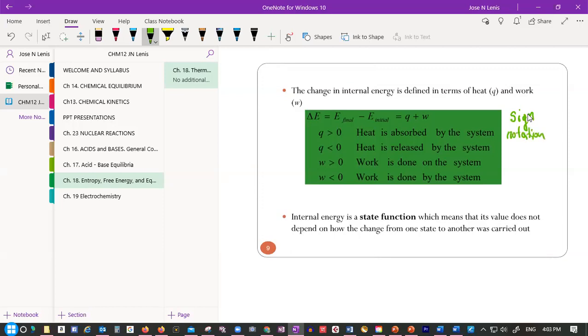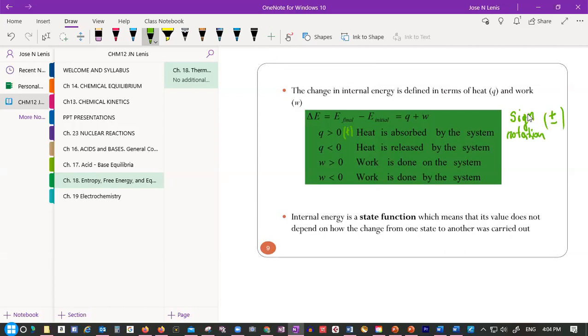In other words, we use signs plus or minus to describe the direction of the process. If Q, heat, is bigger than 0, that means Q is positive. That means heat is absorbed by the system.